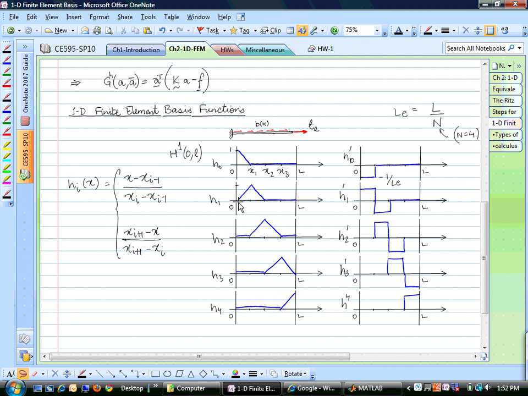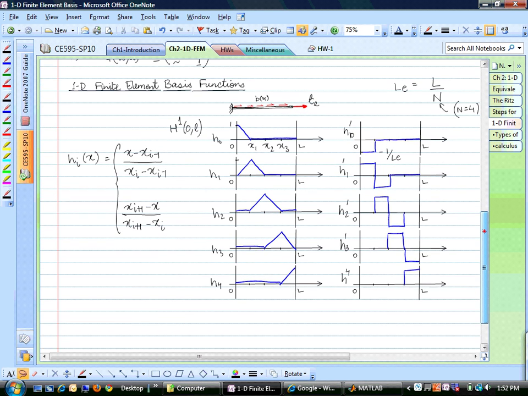This would be the length of this interval, and divided by this entire length, that's the function that describes this h1 in this interval. Similarly, this function is the equation for this part of this hi function. I hope you are able to see that.